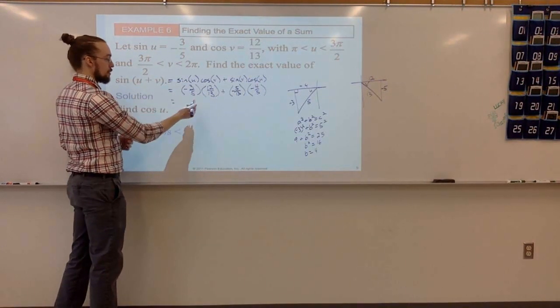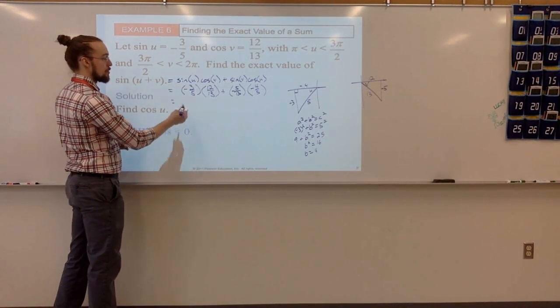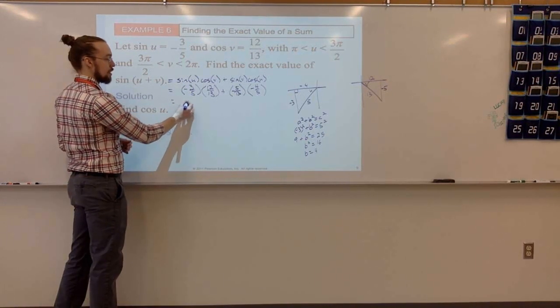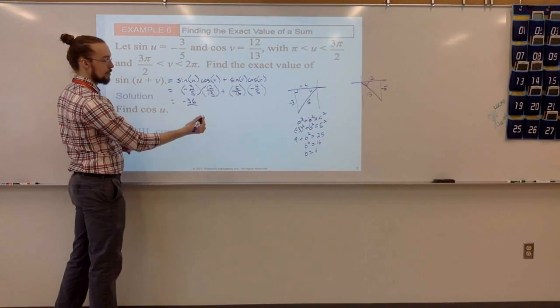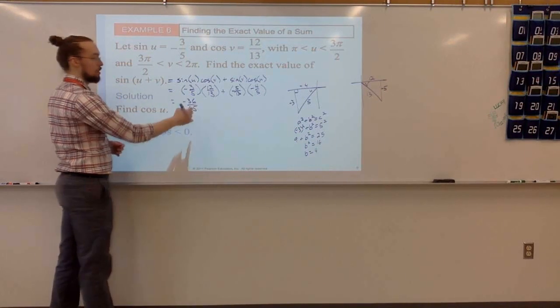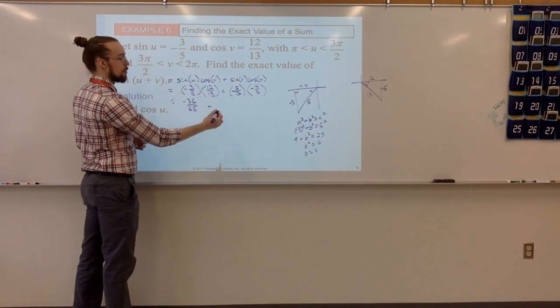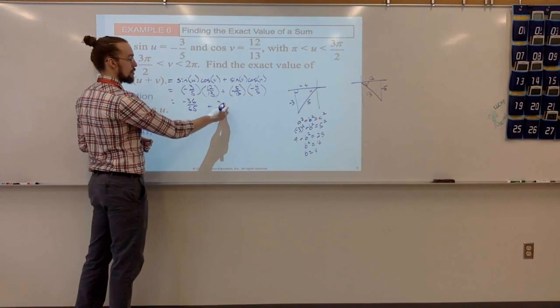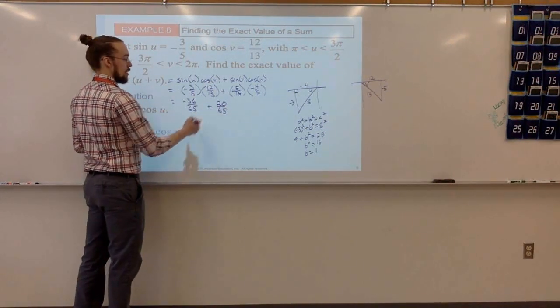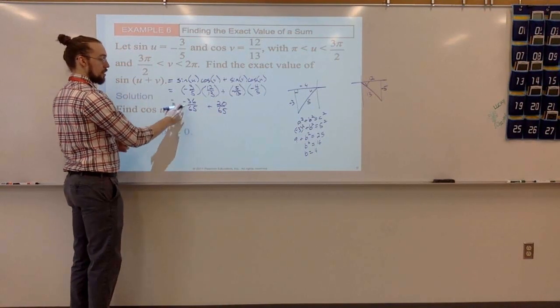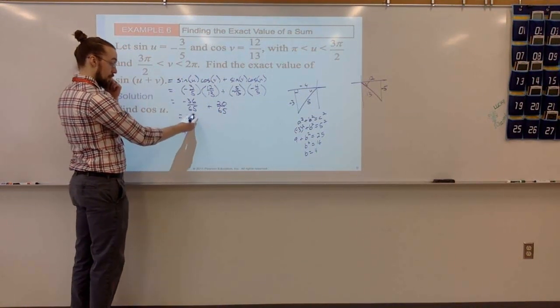Multiplying these fractions together, we'll get negative 36 over 65. And then here, we have a negative times a negative, so that'll be positive 20 over 65. Then negative 36 and 20 would be negative 16.